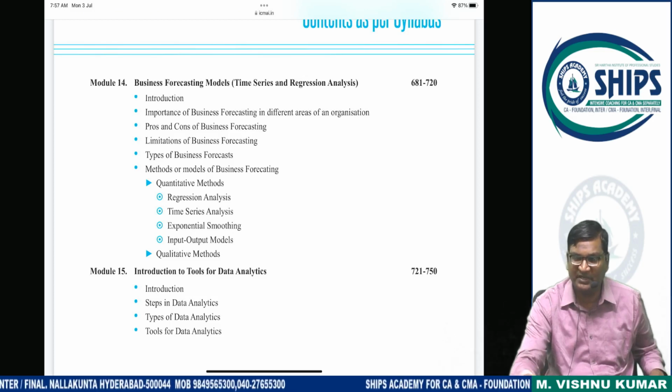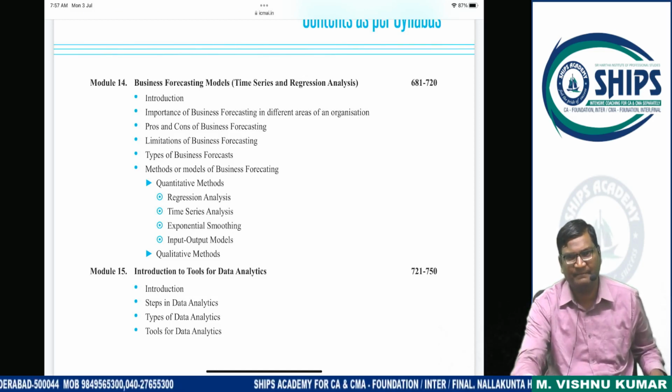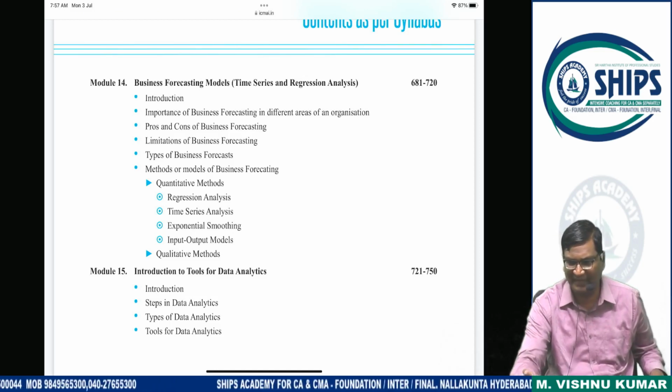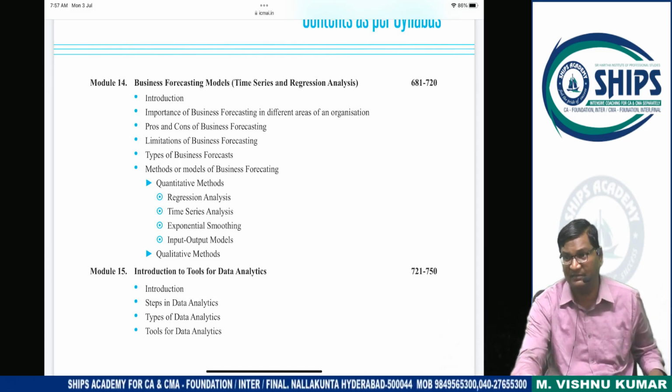In time series especially time is used. In regression, even if it is not related to time, we can estimate. Regression does not require time. You can use the regression technique for any prediction or estimation purpose.